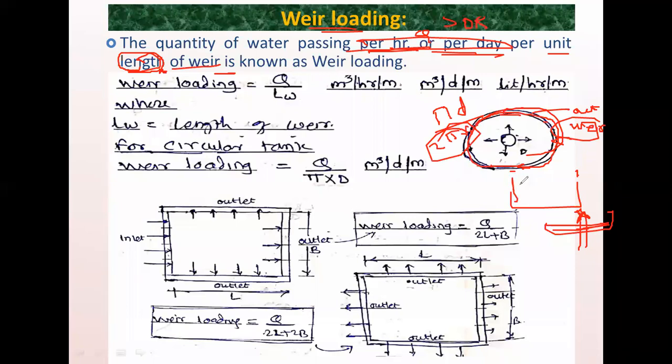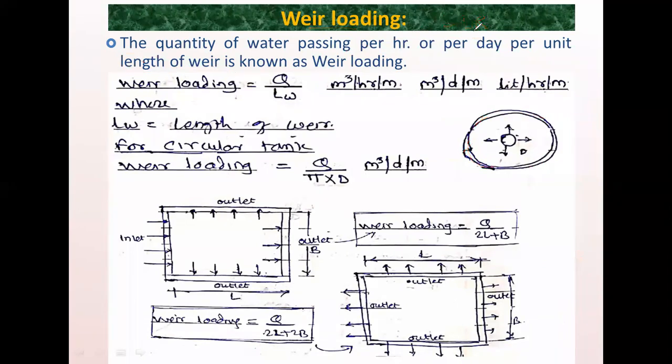In case of a rectangular tank, what will be the length of the weir? It may be this length of the weir, L, right? So depending upon the number of outlets provided on the tank, the length of weir can vary.